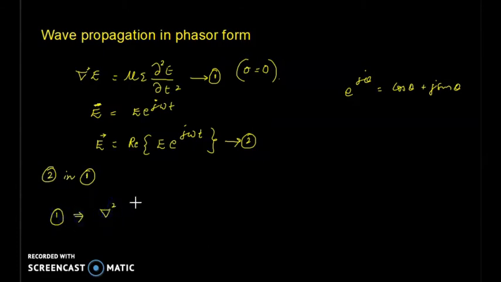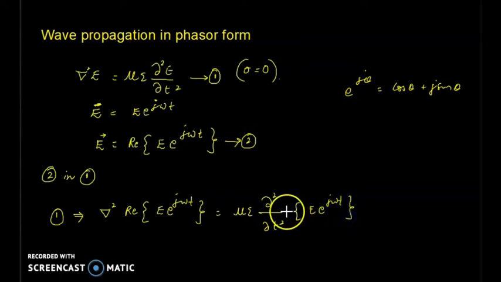it becomes the del square of the real part of E e power j omega t equals mu epsilon del square by del t square of the real part.